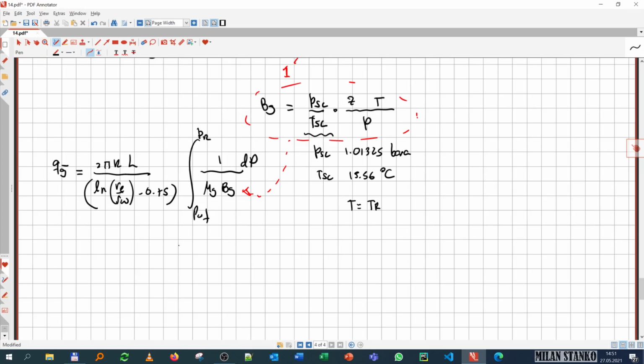So I end up with Tc over Psc, then the pressure P comes here, then below I have Z and mu g, and then the temperature of the reservoir, the integral from Pwf to Pr, and dP.